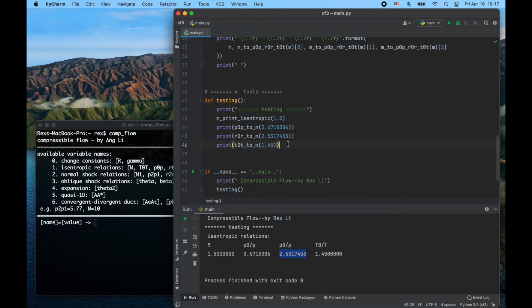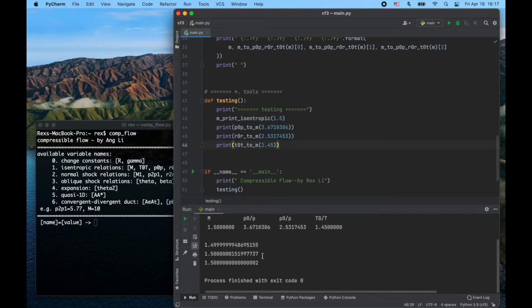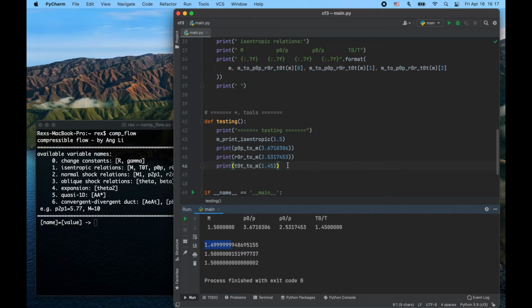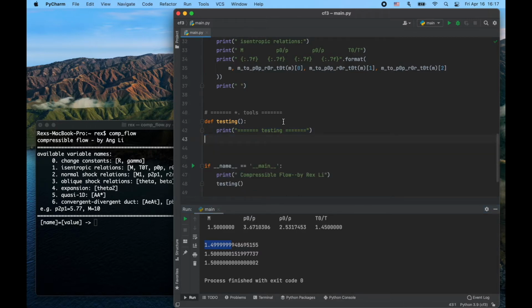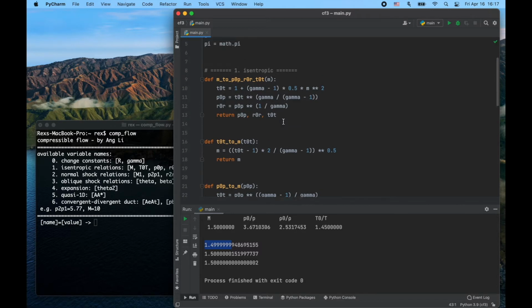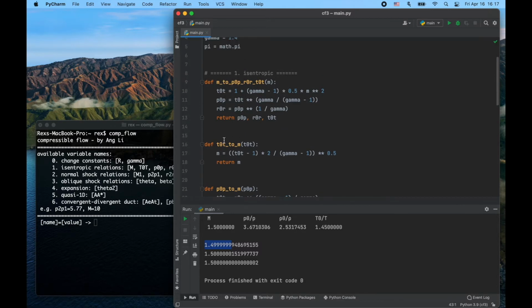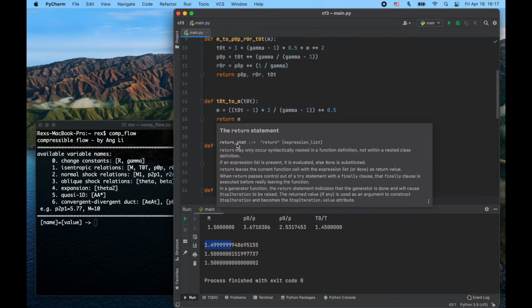See, all of them give back the Mach number that is close to 1.5 with some error. That's because our digits here are not enough to give back the same exact values. However, they are very, very close to the 1.5. I think they are accurate enough. So that means our isentropic relation, finding the ratio from M or finding M from other ratios, are correct.